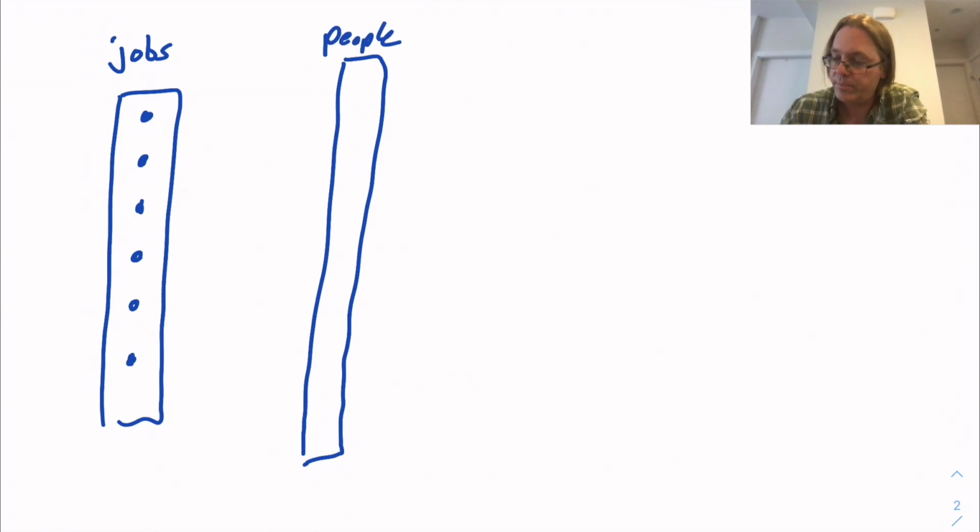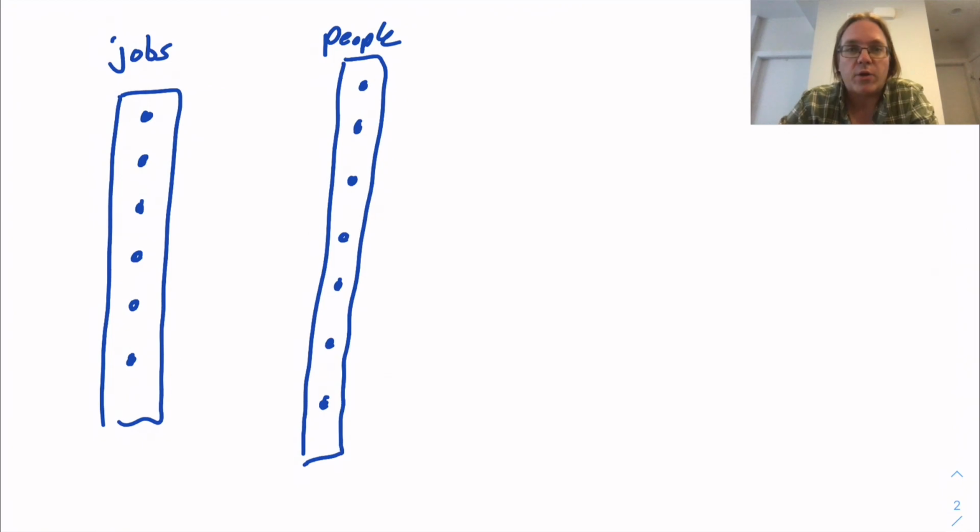I'll just say people. There can be 7 people. And now what I want to do is make a graph out of this. It's going to be a bipartite graph.